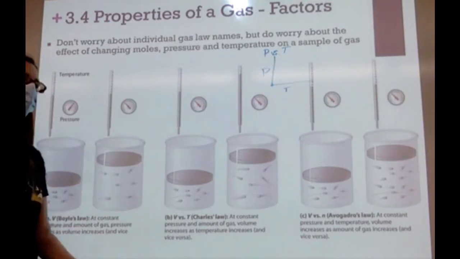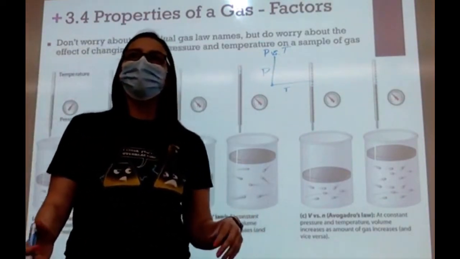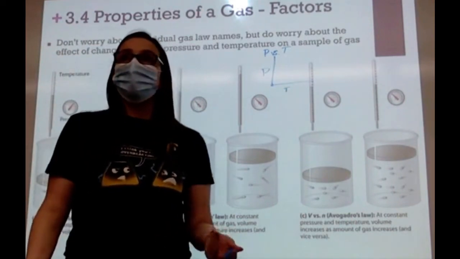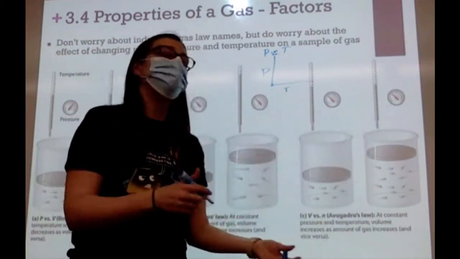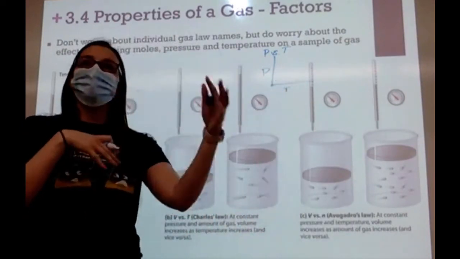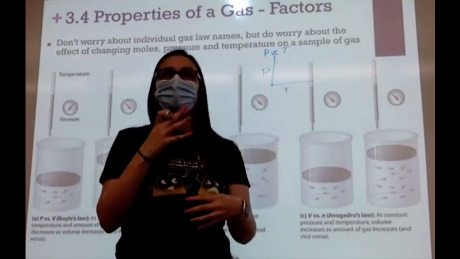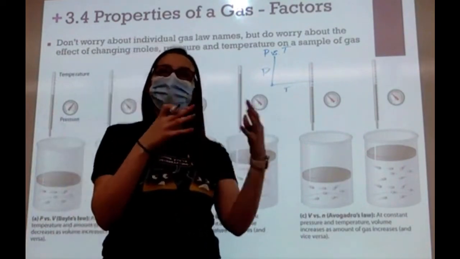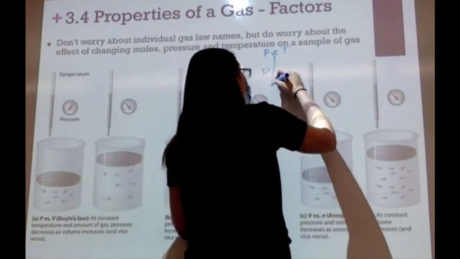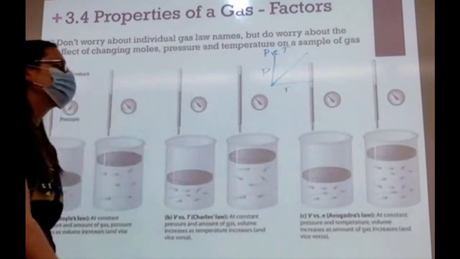If there's no movement, is there going to be any pressure? No. Pressure is based on collisions. Well, as we increase temperature, we start to increase the speed of the molecules. As they move faster, what's going to happen to collisions? They're going to increase. So P and T is a direct relationship.